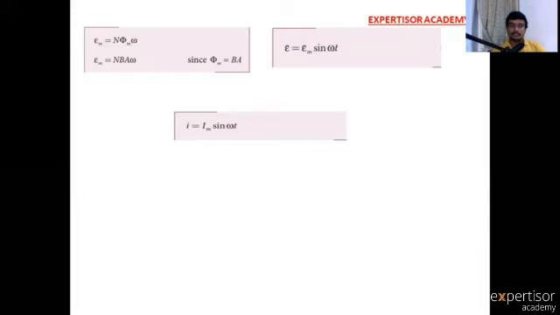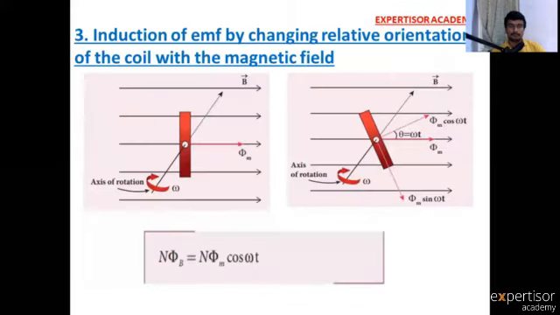So in this video we discussed the third method to produce induced EMF. Look once again: there is a conductor in a magnetic field, rotating with respect to the x and y axes, that is, horizontal and vertical parts.